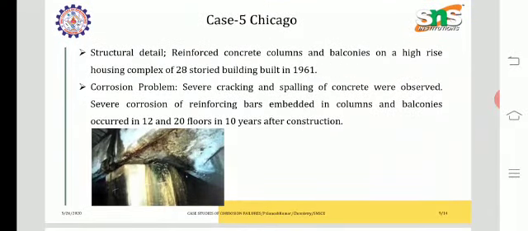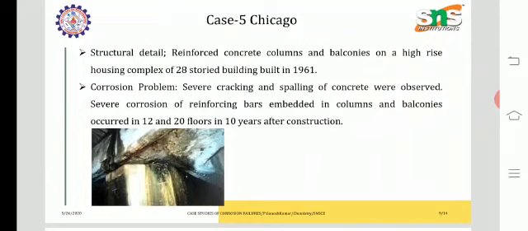So if we go to case 5 in Chicago, a reinforced concrete column and balconies of a high-rise housing complex, a 28-story building, was built in 1961. So the corrosion problem is severe cracking and spalling of concrete was observed.